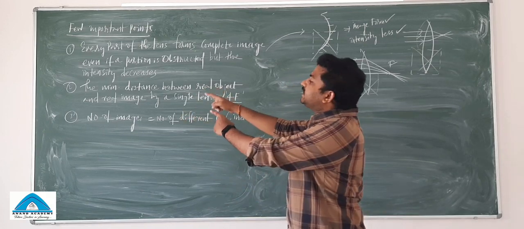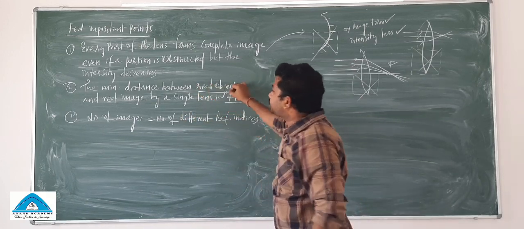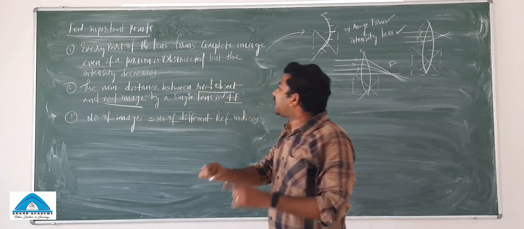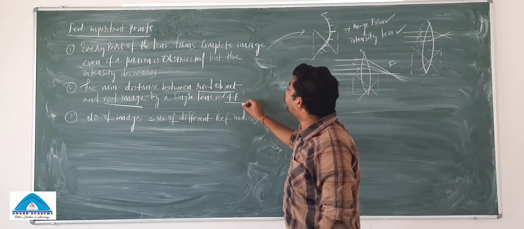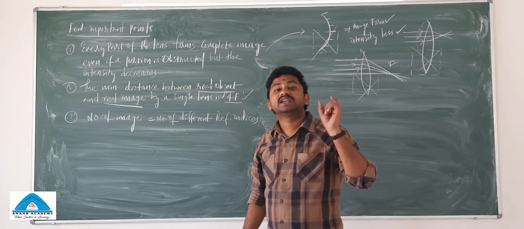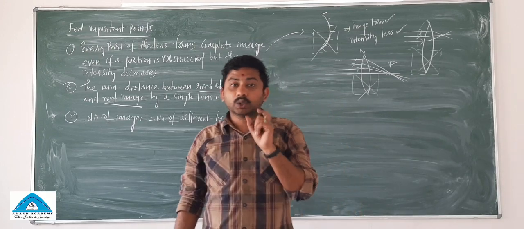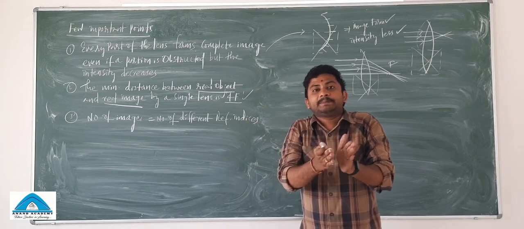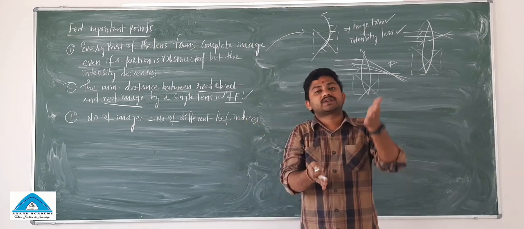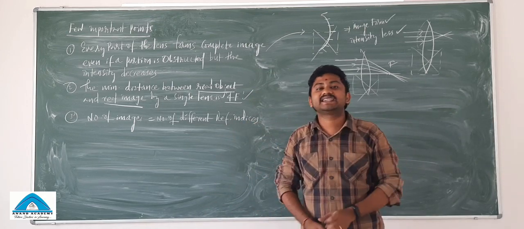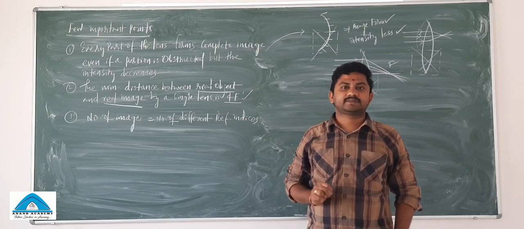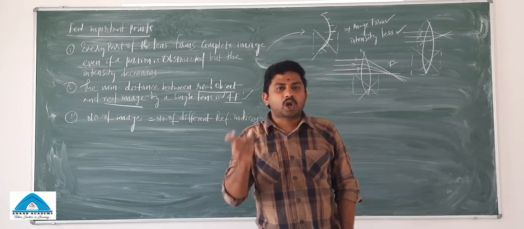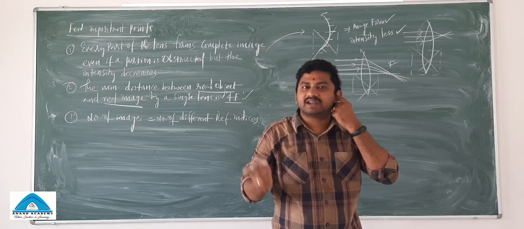The minimum distance between the real object and real image by a single lens is 4f. F is the focal length. Okay, principal focus. They are talking about a minimum distance between a real image and a real object by a single lens. We have two lenses, majorly we have discussed: convex lens and concave lens.